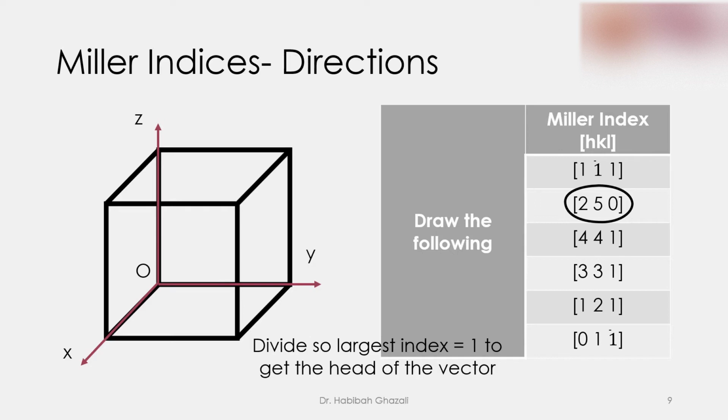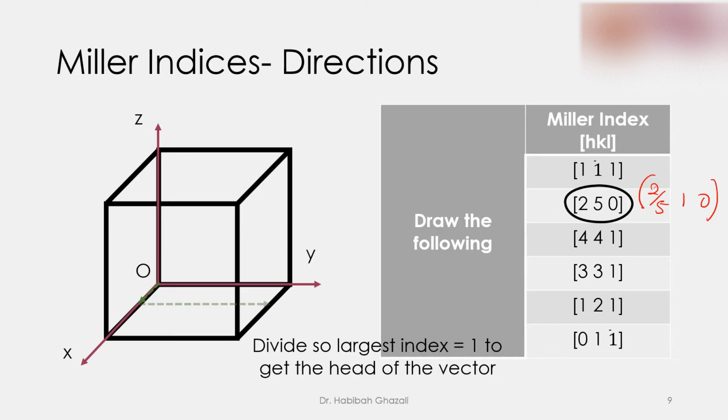To get the coordinate of the head, I need to divide so that the largest index in this Miller index will be equal to 1. This is to get the head of the vector. When I do that division, I will get 2/5, 1, and 0. So this will be our coordinate for the head.